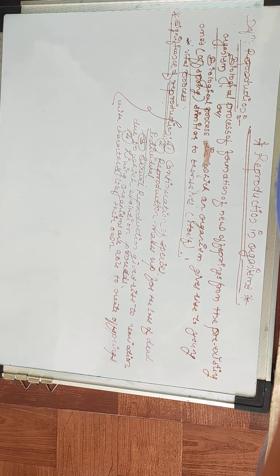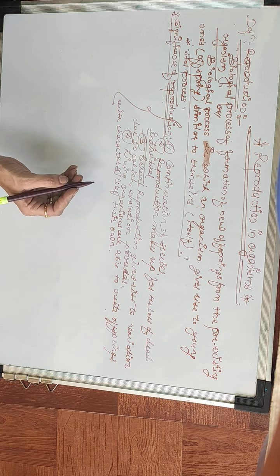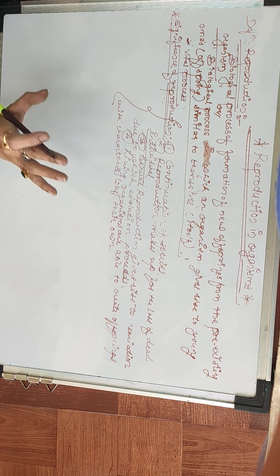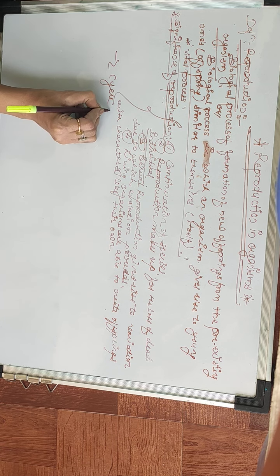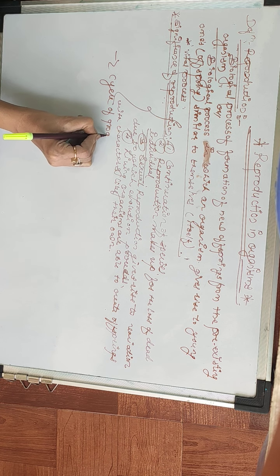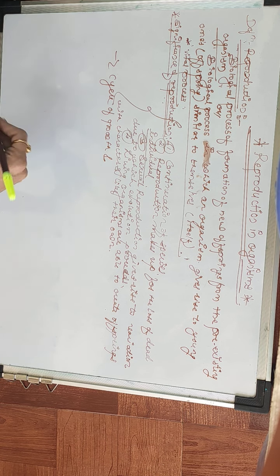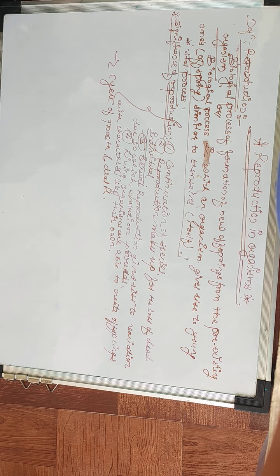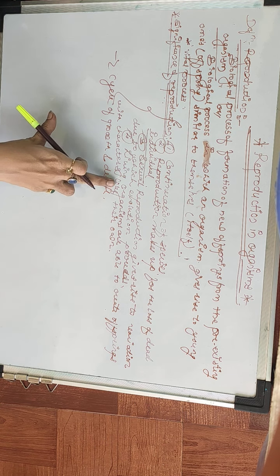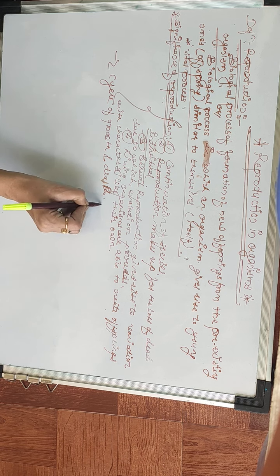So what I just told you are the significances of reproduction. Thus there is a cycle of growth and death.